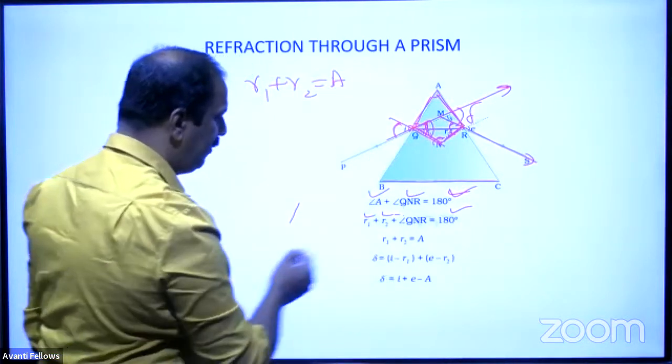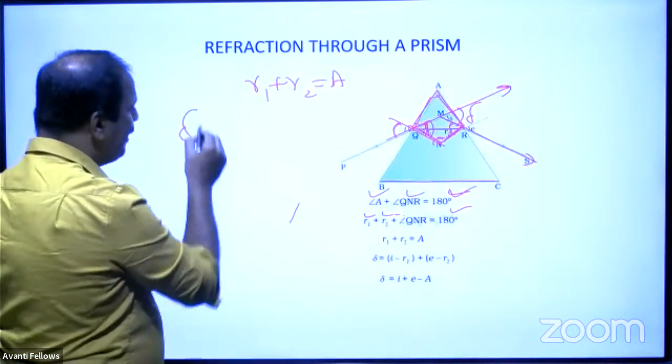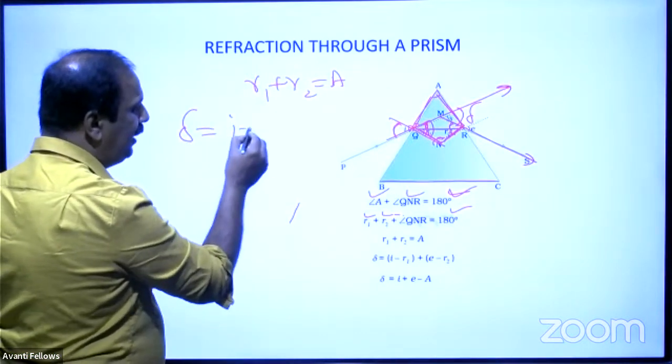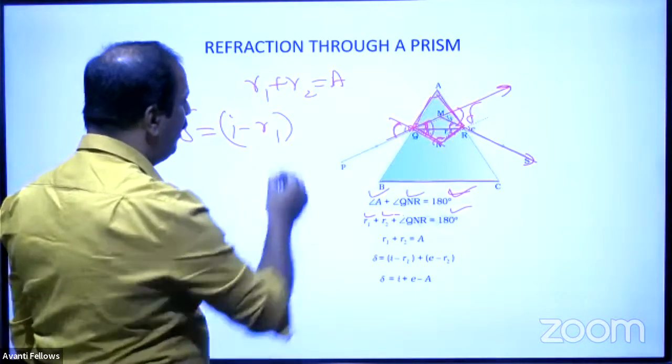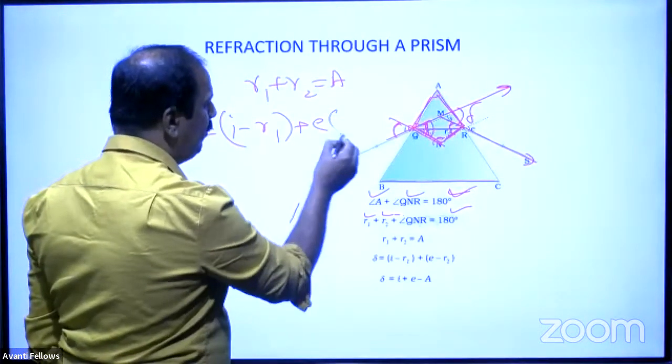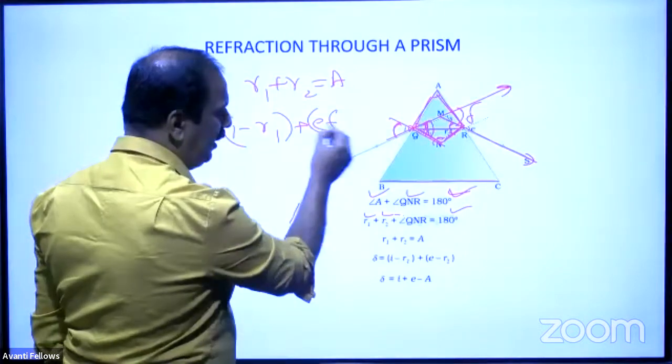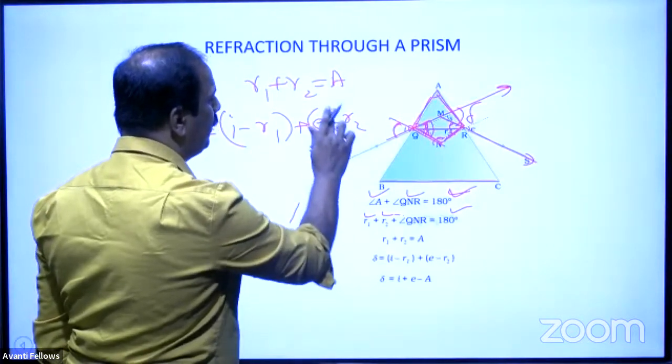So we can write delta is equal to I minus R1, and on the other side also, plus E minus R2.